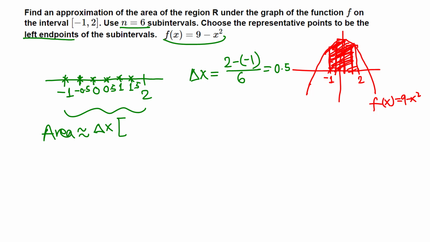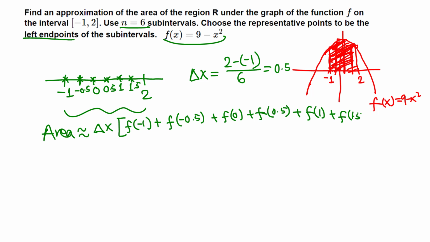So evaluate the function at -1, plus the second rectangle's height, evaluate the function at -0.5, plus the function at 0, plus 0.5, plus 1, plus 1.5. 1, 2, 3, 4, 5, 6, and we do not use the very right one. And delta x, we found here, is 0.5.